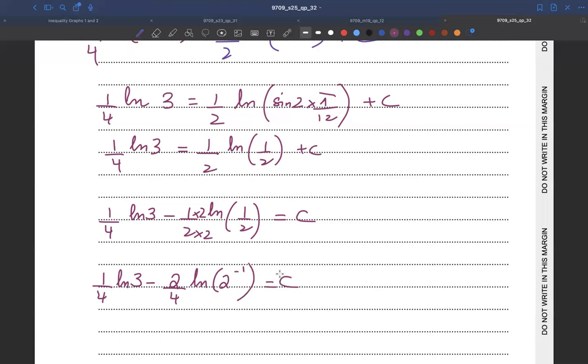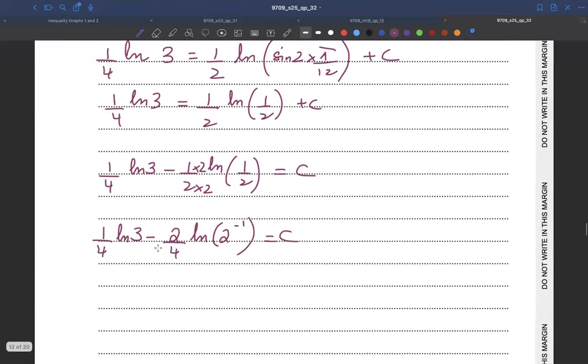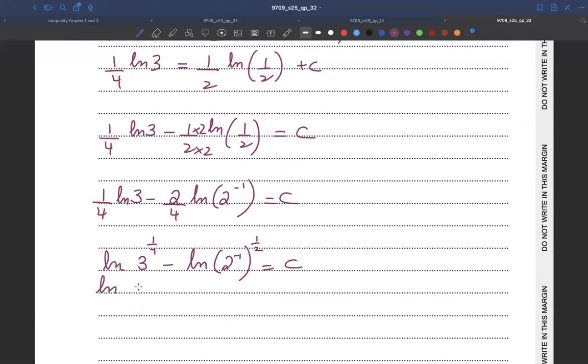And now simplifying this, we have a negative sign over here, or we can just write it as ln 3 to the power of 1 upon 4 minus ln 2 power minus 1, and this 1 upon 2 can become the power over here equals to c. So this will become ln of 3 power 1 upon 4 minus ln of 2 power minus half equals to c.